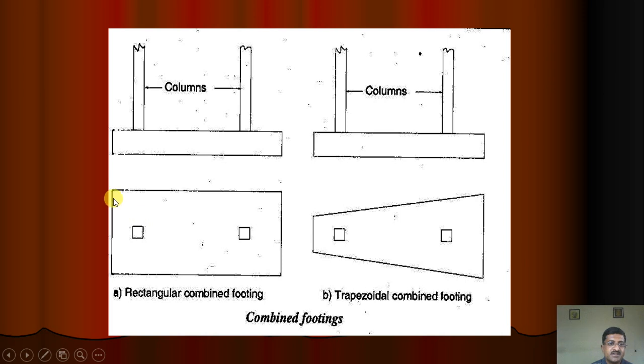You can see here this is a rectangular combined footing when W1 and W2 are the same, so you can provide the same area for each column, but when the load coming on one of the columns is more, on that side we provide more area. It is a trapezoidal combined footing.